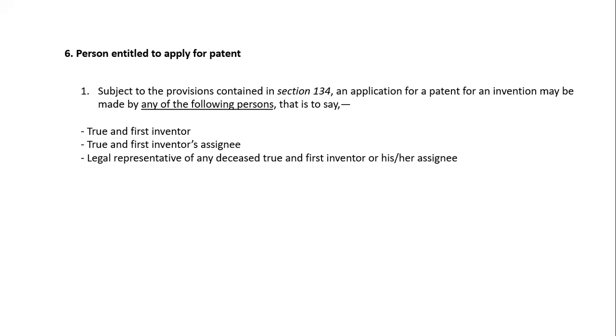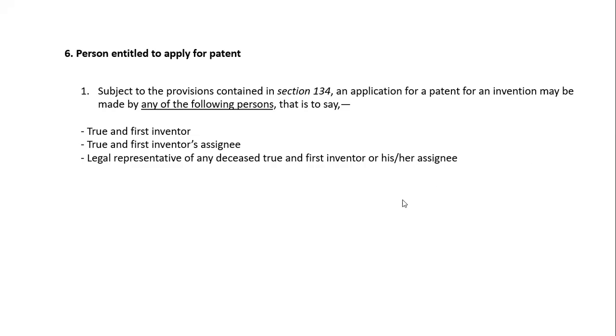No, because the true and first inventor has already assigned the right to the first assignee or the applicant. So the assignee is at full liberty to assign again, right? Assignee is eligible to assign anyone. Assignee or the applicant is the owner of the application. They can do anything with that. Okay, well clear. Thank you.